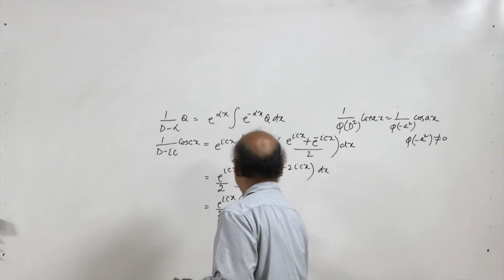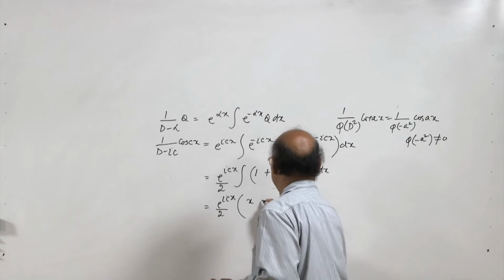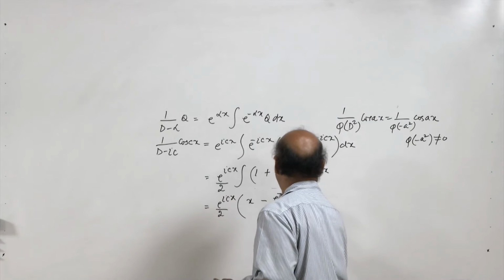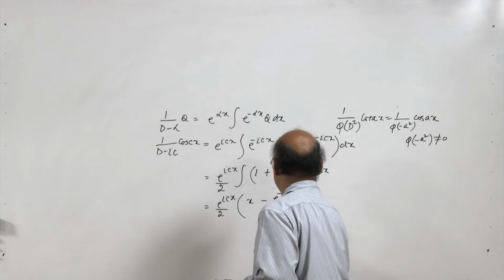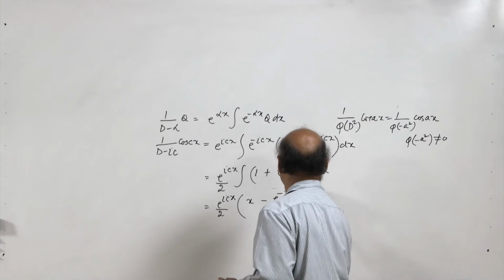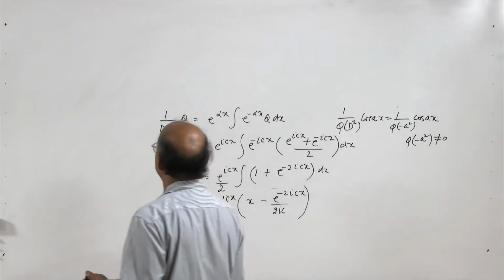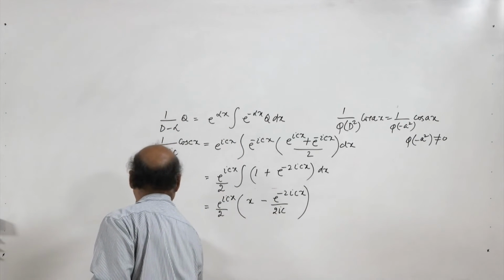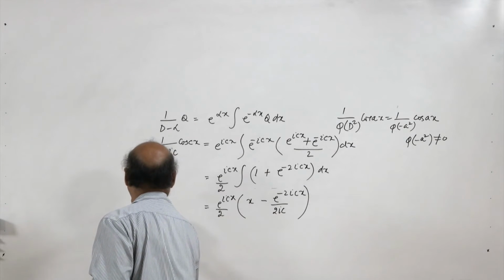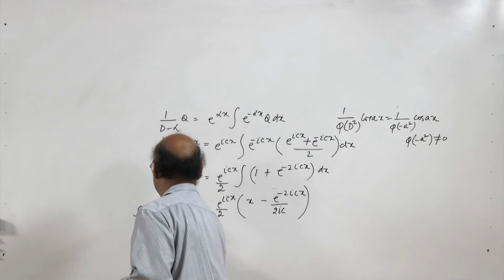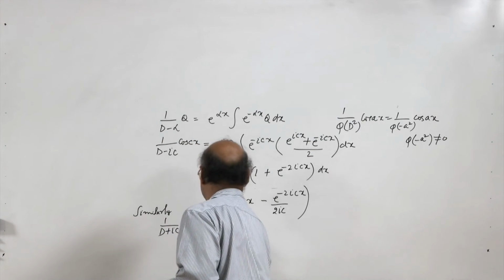and we get then integral of 1 is x and then e to the power minus 2icx divided by 2ic. Similarly, we can write the value of 1 over d plus ic cos cx.